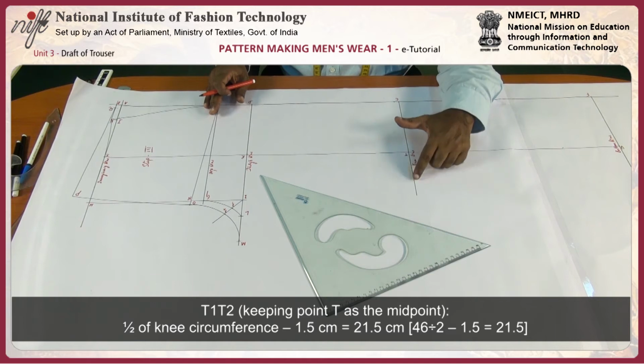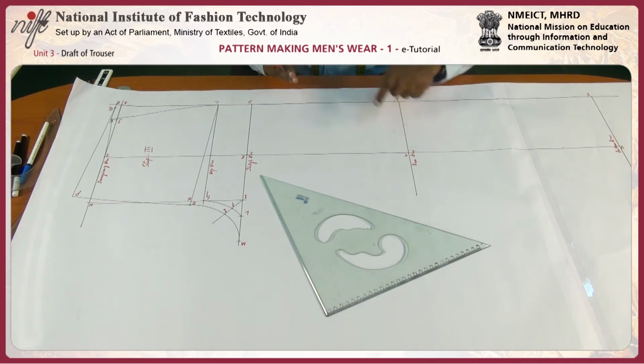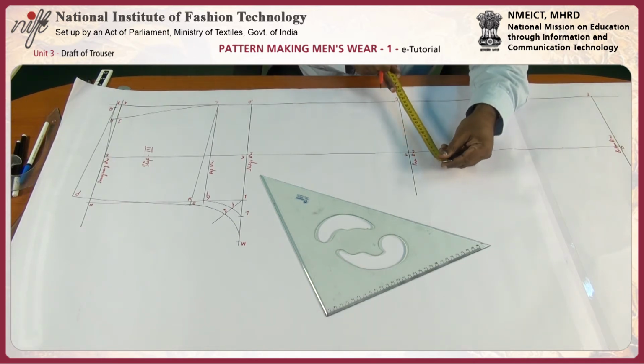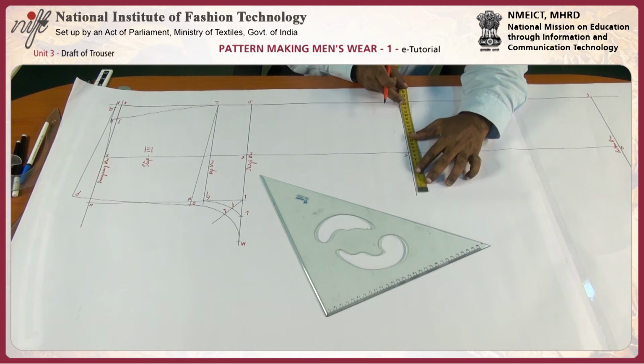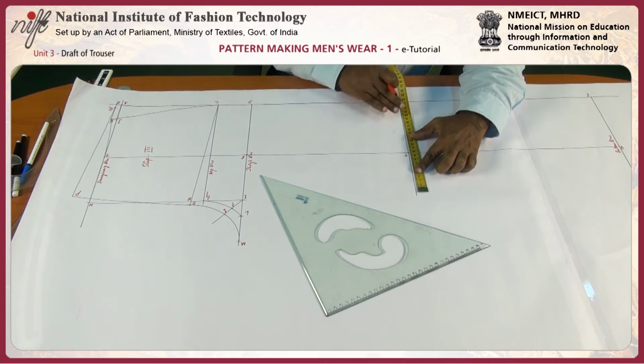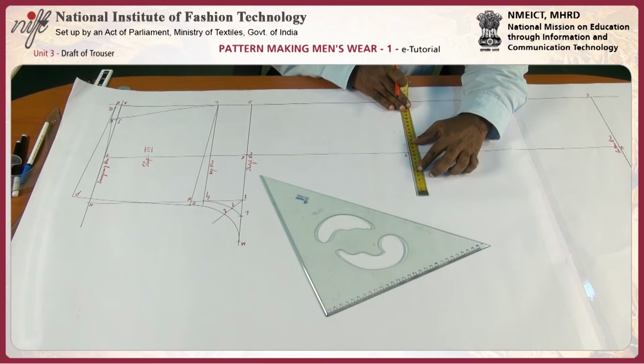T to T1 and T2, keeping the point T as the center: half of knee circumference minus 1.5 centimeter, which will be 21.5 centimeter, measured equally on both sides from T1 to T2. 21.5 centimeter, half of that will be 10.75.